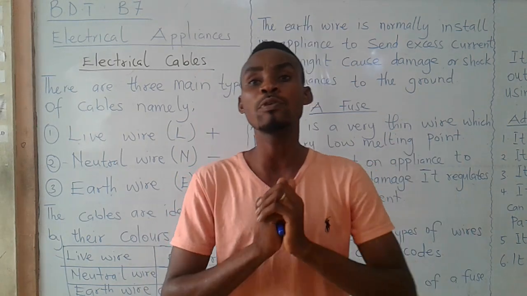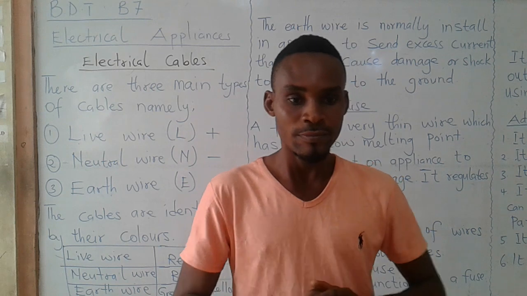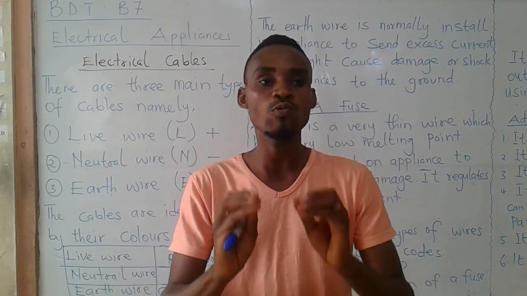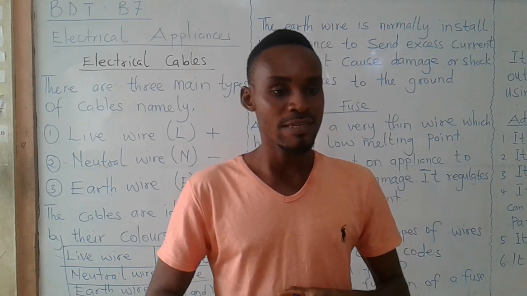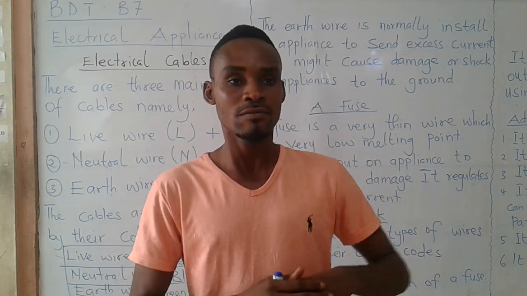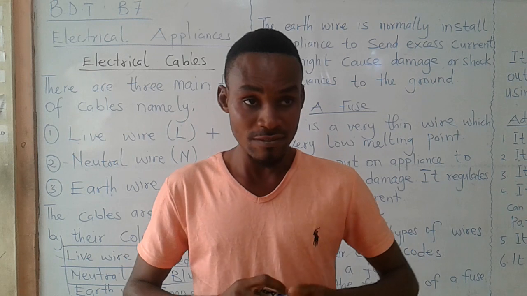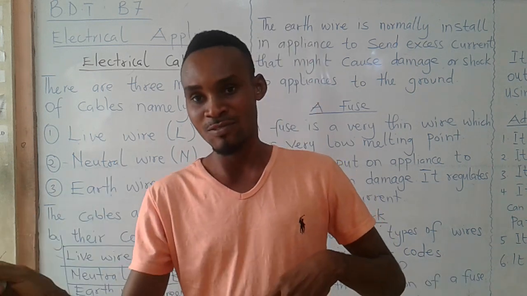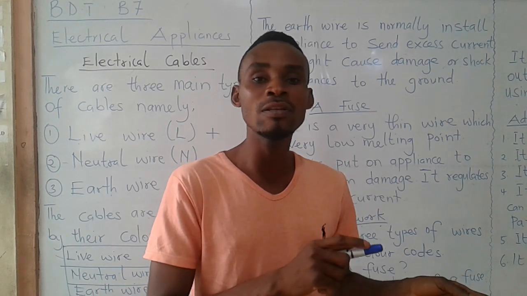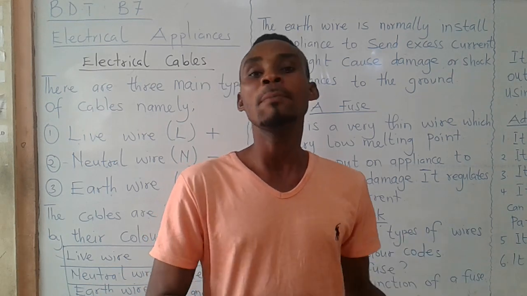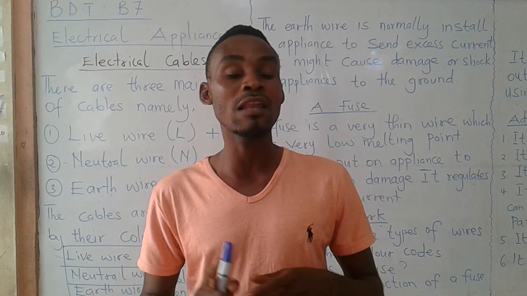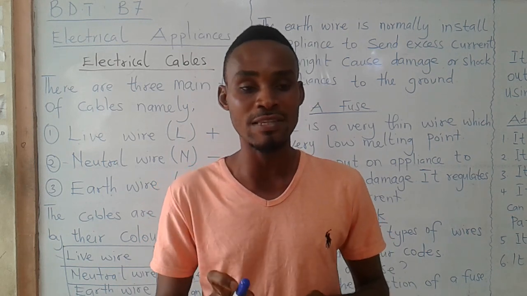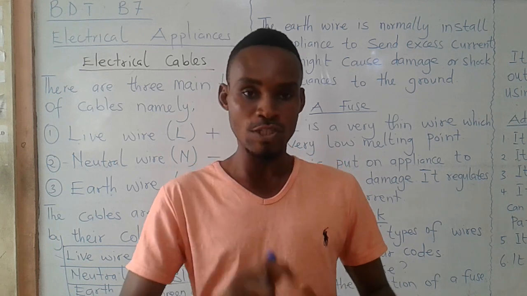Now, in order to prevent electric shock, electric wires are covered with insulators such as the PVC. When we say insulators, you know in science we have conductors and insulators. Conductors allow electricity to pass through, but insulators do not allow electricity to pass through. That is why the electrical wires are being covered with insulators.